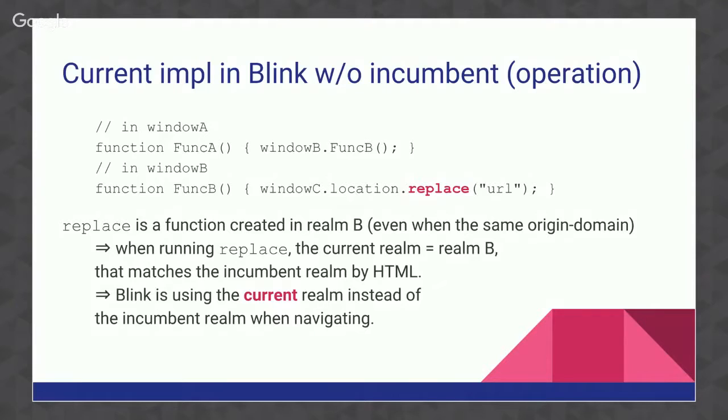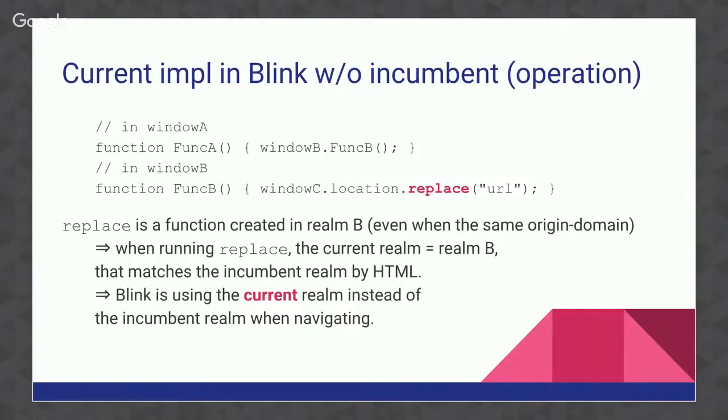That magic I introduced. So the replace ECMAScript function itself is created in realm B in this case, and that realm B matches the incumbent realm specified by HTML. So again, Blink is using the current realm instead of the incumbent realm for navigation.